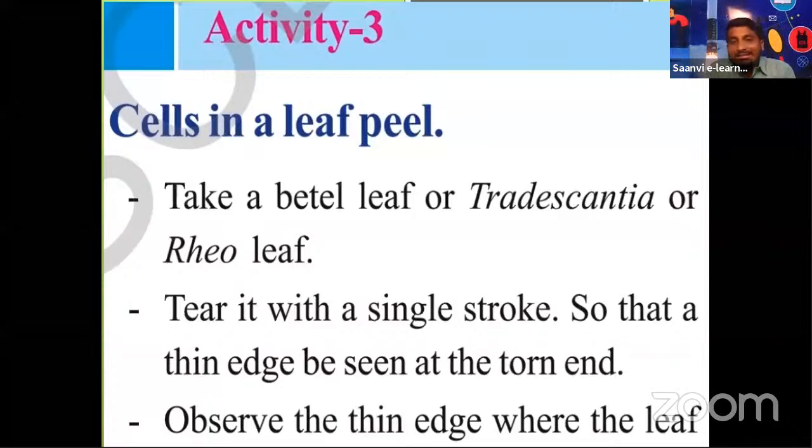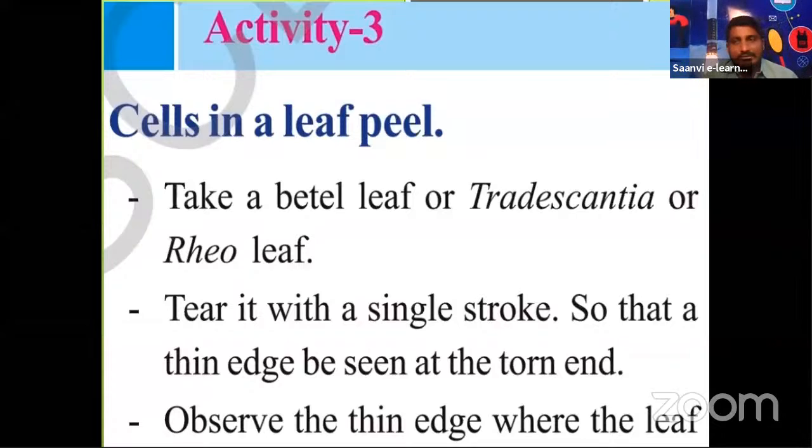Why are we collecting these only? See, children, these leaves are comfortable, and we can collect a thin sample from them. From that sample, we can observe clearly. We can see the clear internal structure under the microscope.